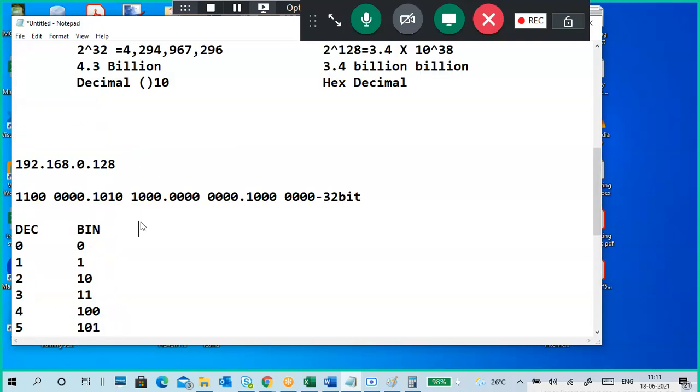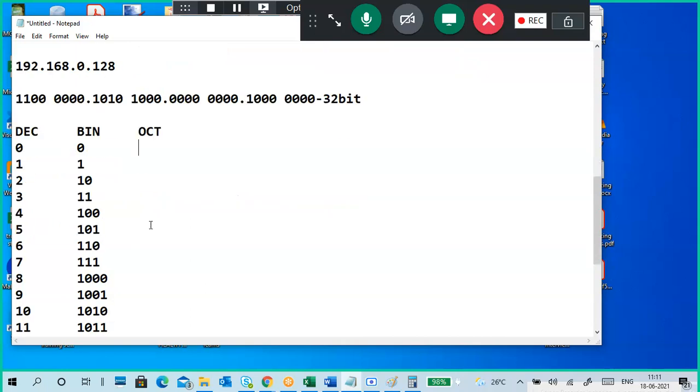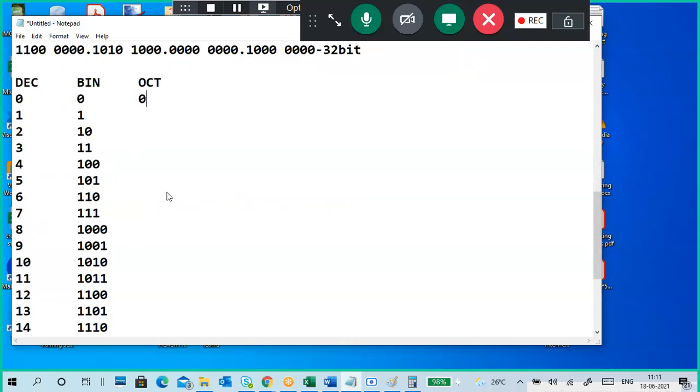I'm not telling about conversion. So the limitation: the octal system. Octal is 0 1 2 3 4 5 6 7. That's it.